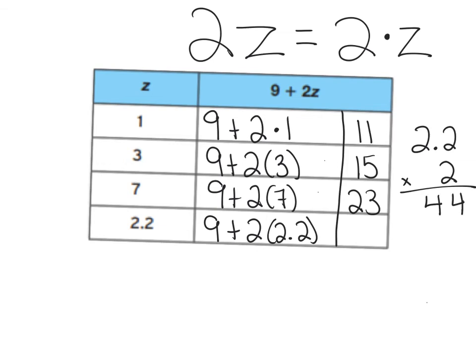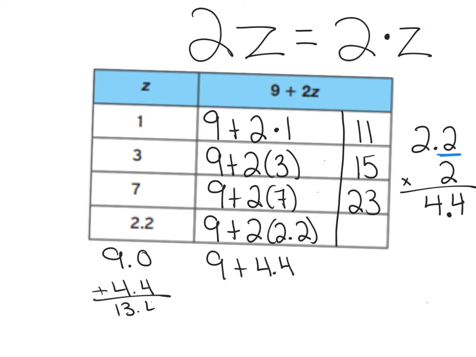And then we look, how many place values do I have? I have 1. So I need 1 in my answer. So I have 9 plus 4 and 4 tenths. So remember, just think about this as being 9.0 plus 4 and 4 tenths. That would give me 13 and 4 tenths.